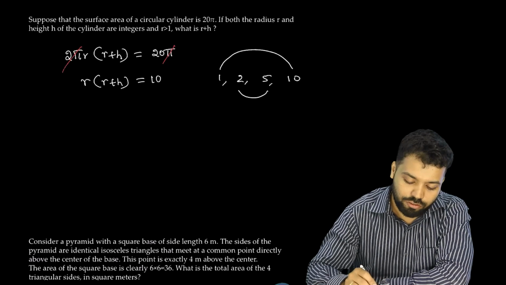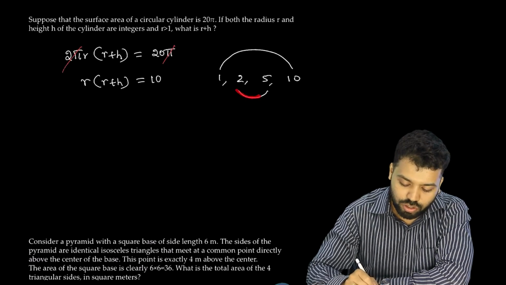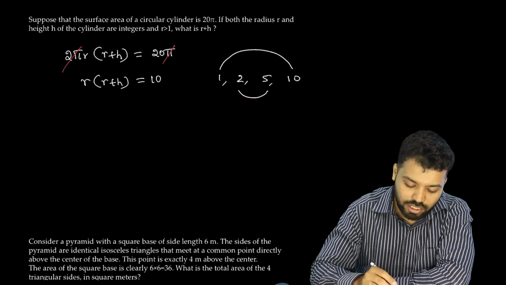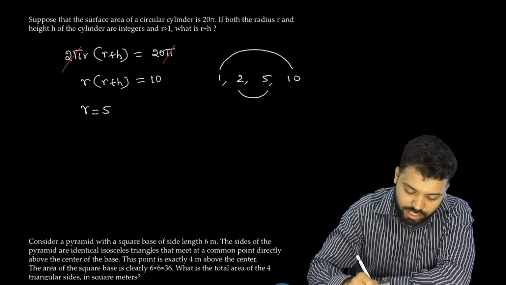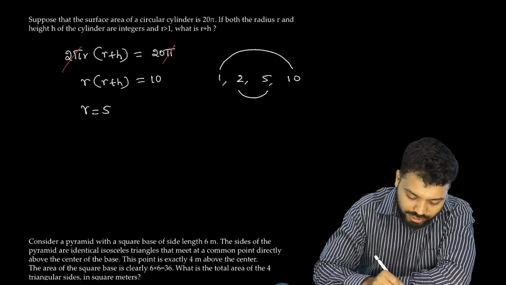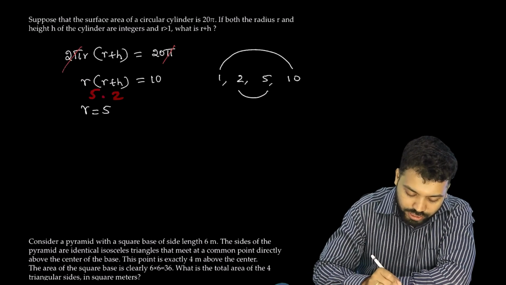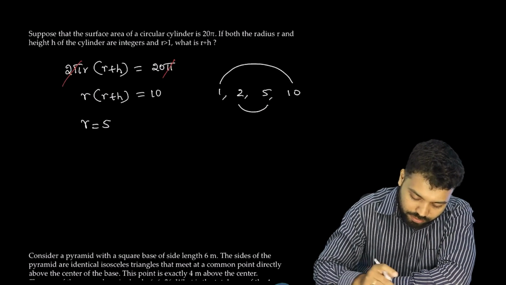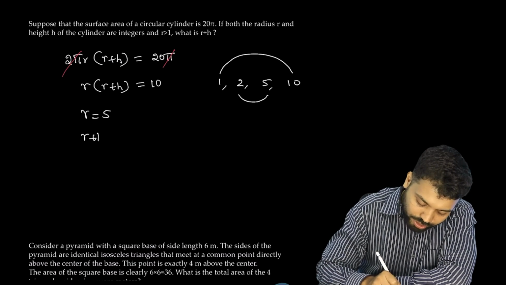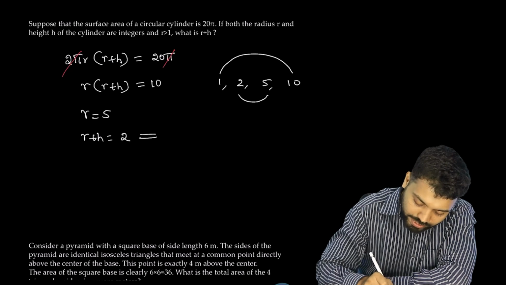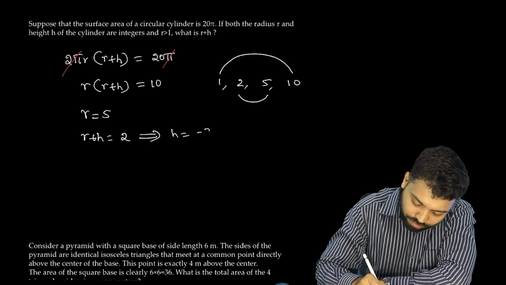So all that we are left with is 2 and 5. Let's say r is equal to 5 now. If I write this as 5 into 2 equal to 10, then r plus h will be 2, so h is equal to minus 3.